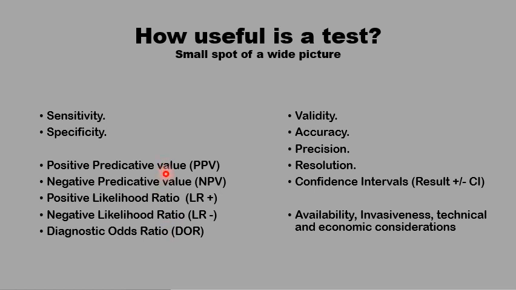We shall go through all these 5 parameters in the next presentations, but in this presentation we shall focus on sensitivity and specificity. There are also other parameters that should be taken into account, like the validity of the test, its accuracy, its precision, its resolution, and its confidence intervals about a certain result. Plus, of course, issues like availability of the test, how invasive it is, and technical and economic considerations.